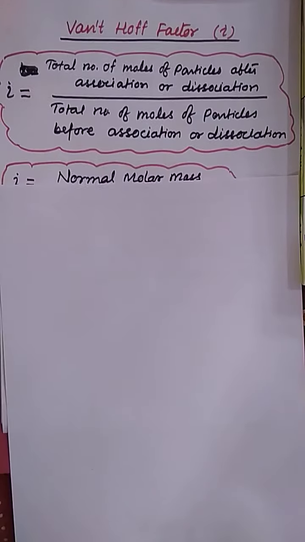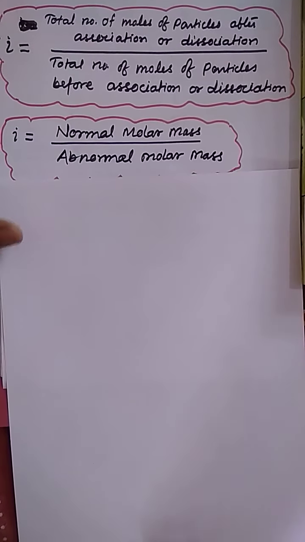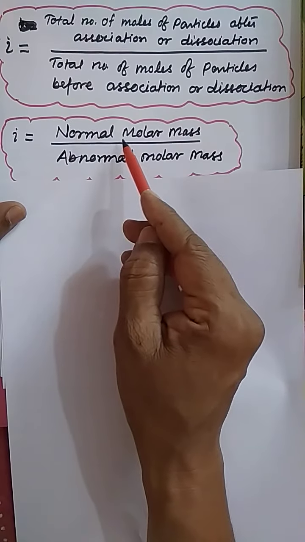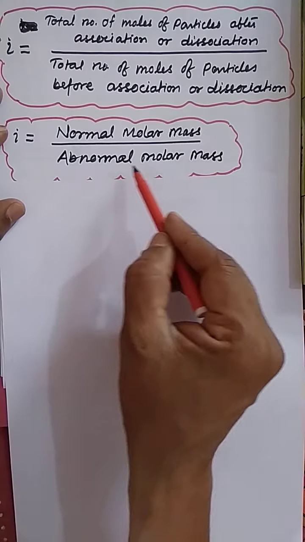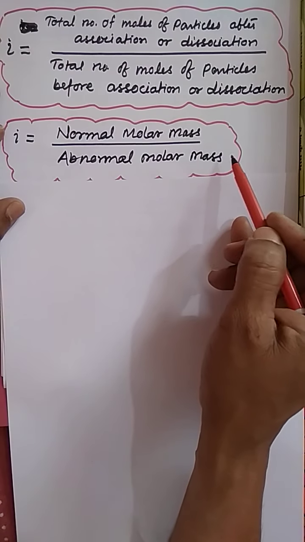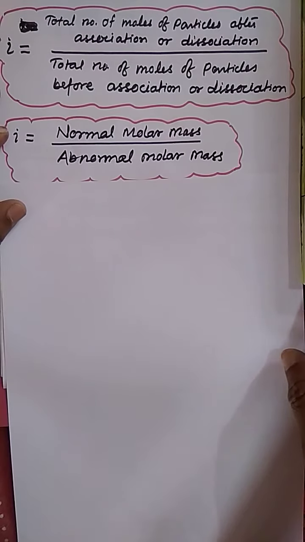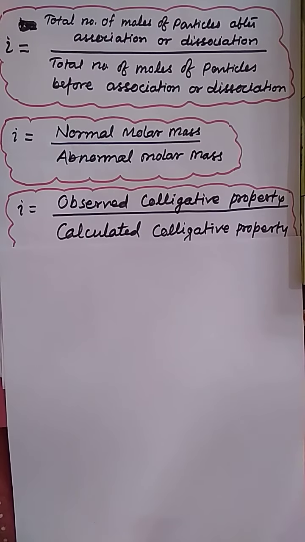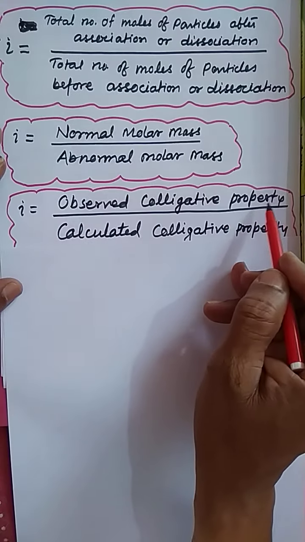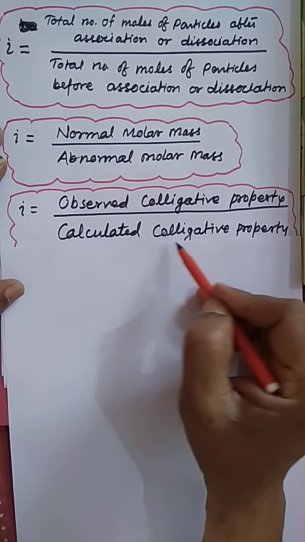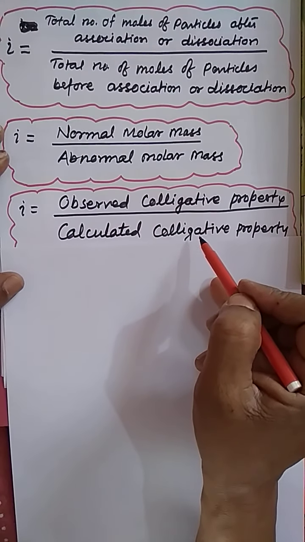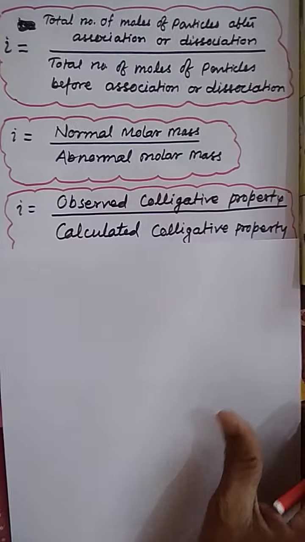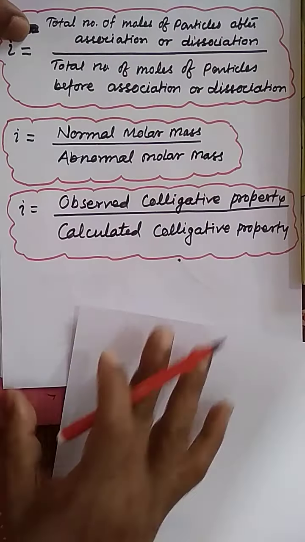Another definition is also there. i is equal to, that means Van't Hoff factor is normal molar mass upon abnormal molar mass. Abnormal molar mass is calculated by colligative property, and normal is the accurate value. And the third definition is i is the observed colligative property upon the calculated colligative property by means of colligative property equations, right?